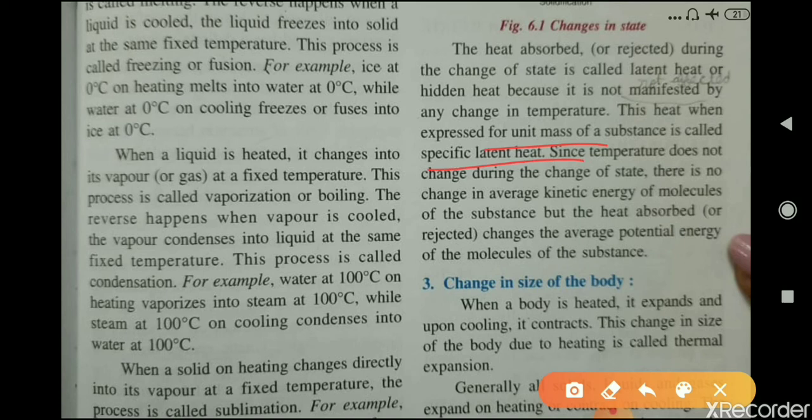Since the temperature does not change during the change of state, there is no change in the average kinetic energy of the molecules. Only the state changes, but the heat absorbed changes the average potential energy of the molecules of the substance, and therefore the state changes.